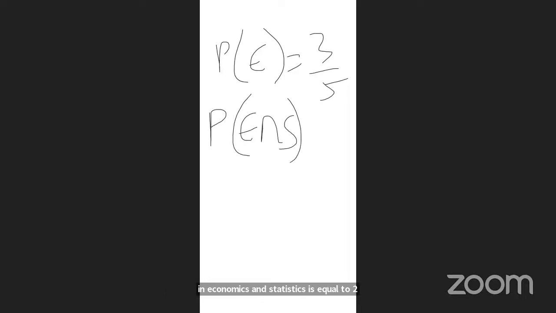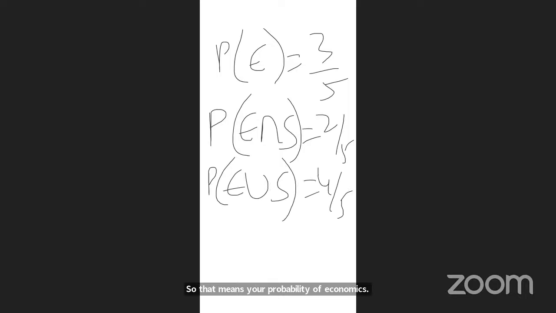And the probability of passing at least one test is 4 by 5. So that means probability of economics union statistics is equal to 4 by 5. Find the probability that he passes the statistics test.